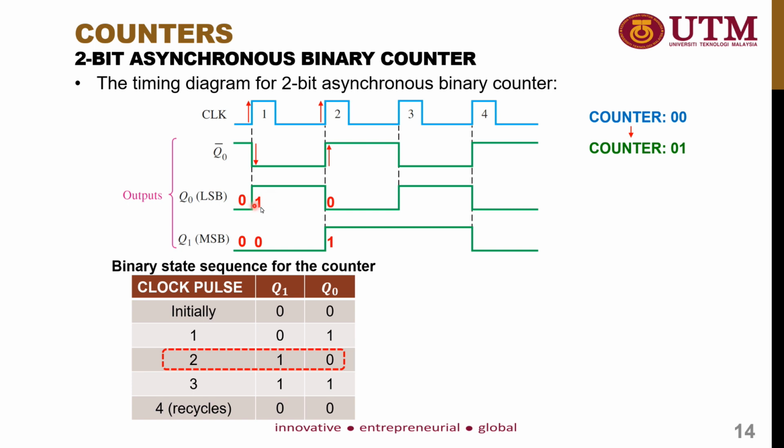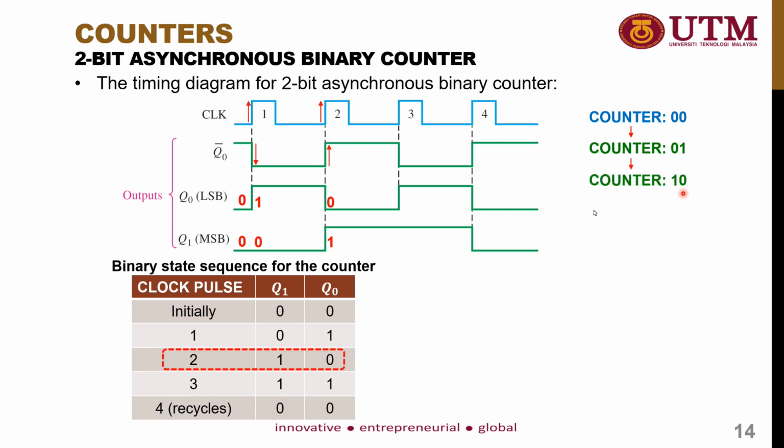So Q0 will change from 1 to 0, and Q1 will change from 0 to 1. So this was the initial state where the counter is 0 0, then the counter started counting and changed to 0 1, and this is the current situation where the counter is becoming 1 0.